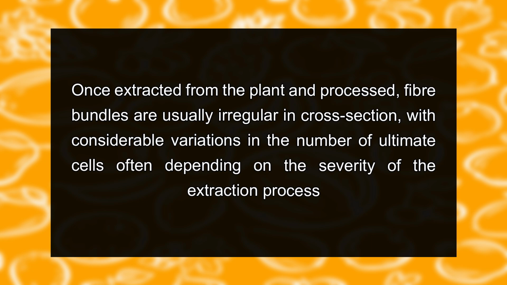Once extracted from the plant and processed, fiber bundles are usually irregular in cross section, with considerable variations in the number of ultimate cells, often depending on the severity of the extraction process.